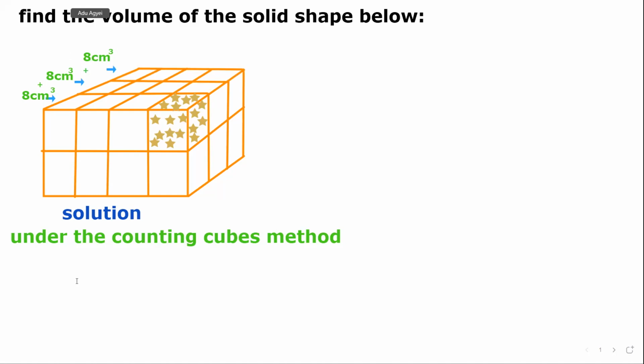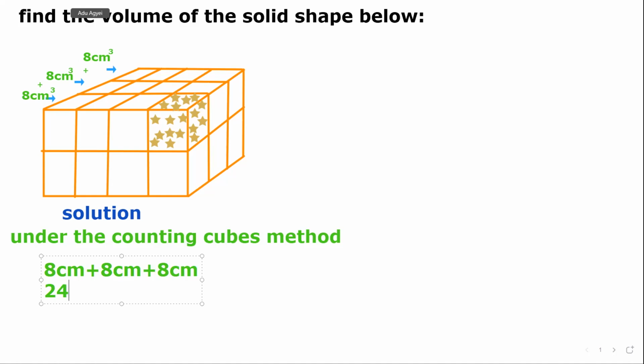Okay. So when you add the 8 centimeter cubes plus another 8 centimeter cubes plus 8 centimeter cubes, 8 plus 8, that is 16, 16 plus 8, that is 24.